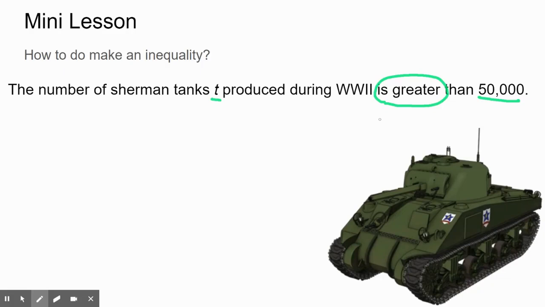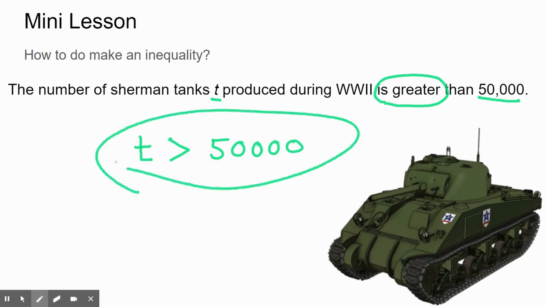In this case, it's real simple. It says greater. So we're going to write our T, we're going to have our 50,000. And then we just know that it's greater than 50,000, so we are going to say T is greater than 50,000. And that's it.